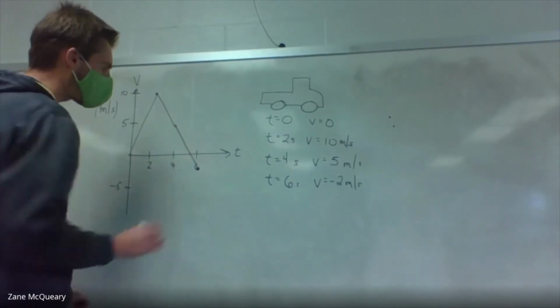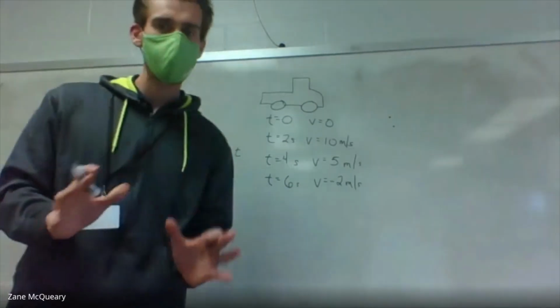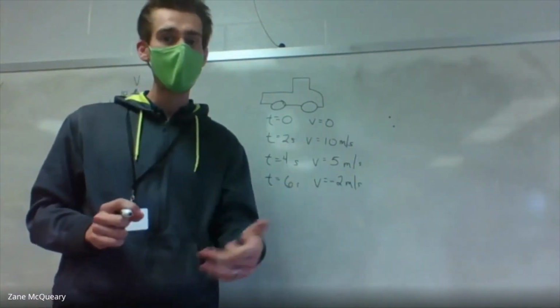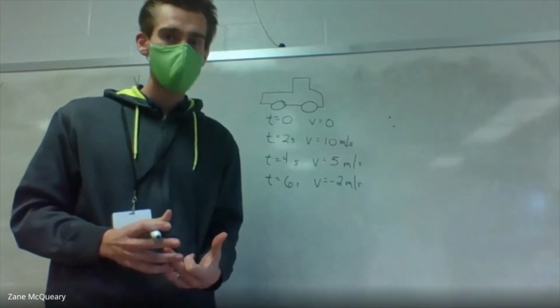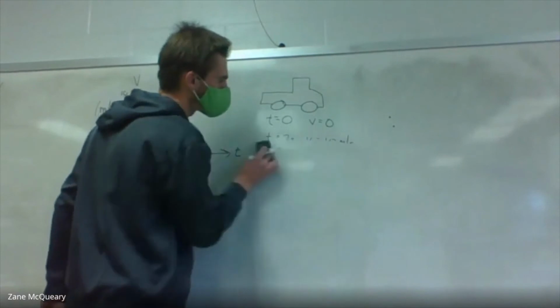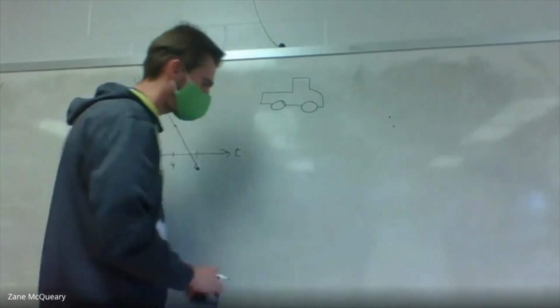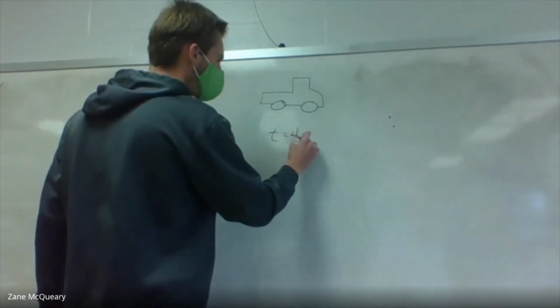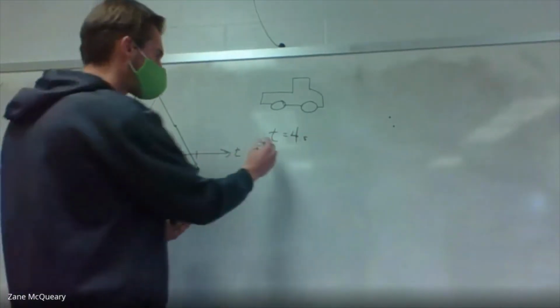Now, we've got to be really careful. This isn't telling you necessarily where it's located. This is telling you how fast it's going in each one of these spots. So we could flip this backwards. Maybe we wouldn't give you all this information. We might say, for example, when time is equal to 4 seconds, how fast is it traveling?